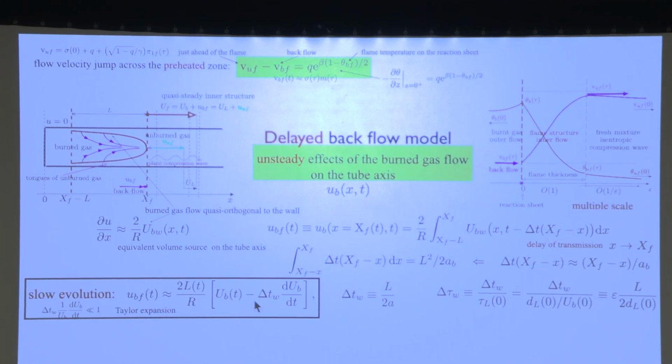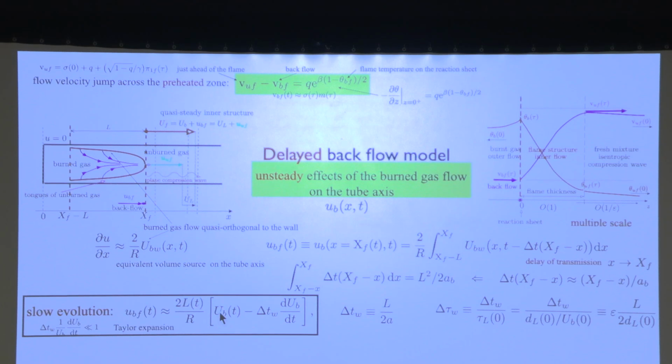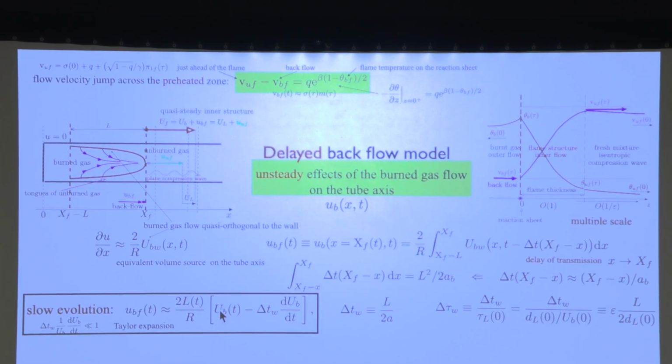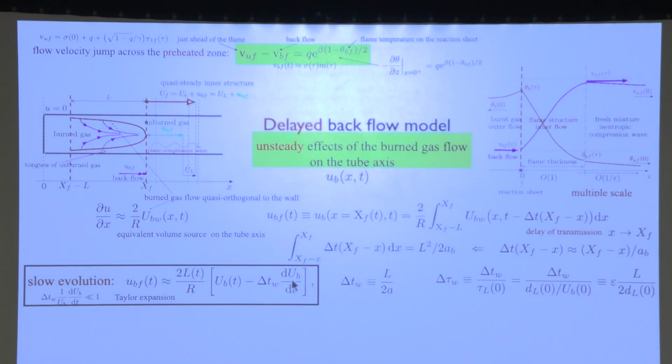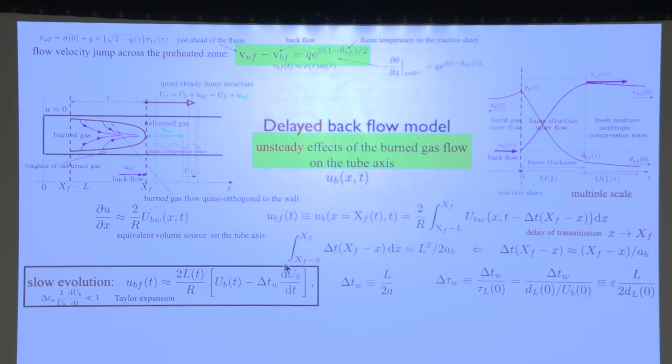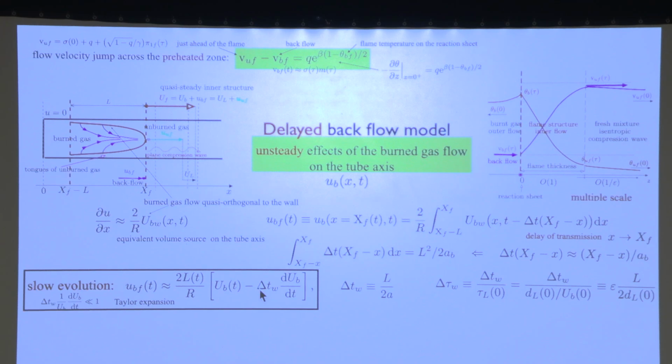The backflow I have used is without this term, and now because of this delay, I have introduced the time derivative of the flame velocity. And this is going to be dramatic because, as I told you, this time derivative is going to be strong. So in a sense, I cannot go further with this expansion, but I will do that just to see what happens.